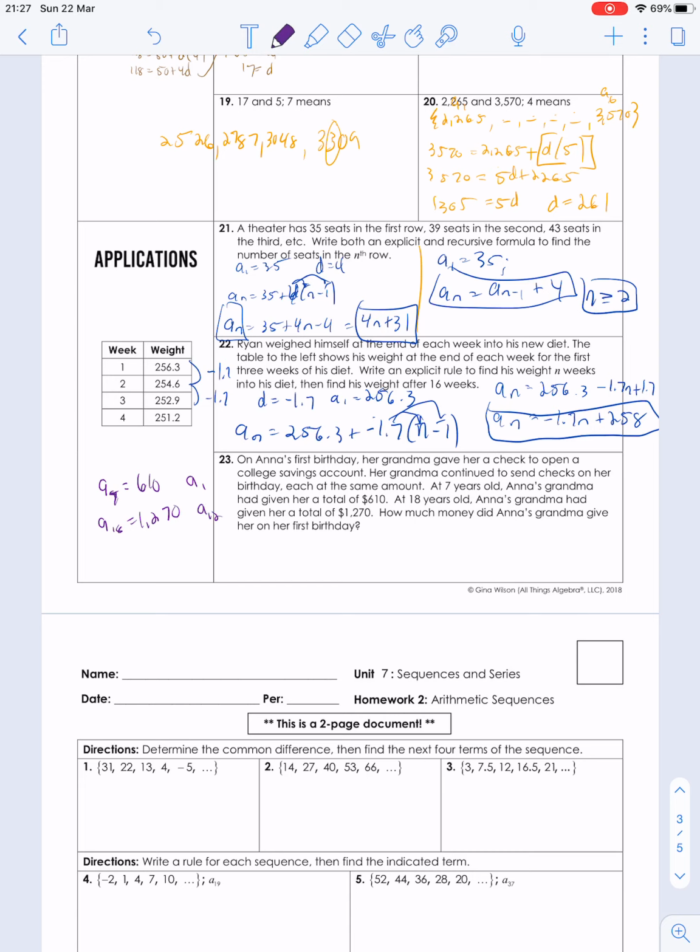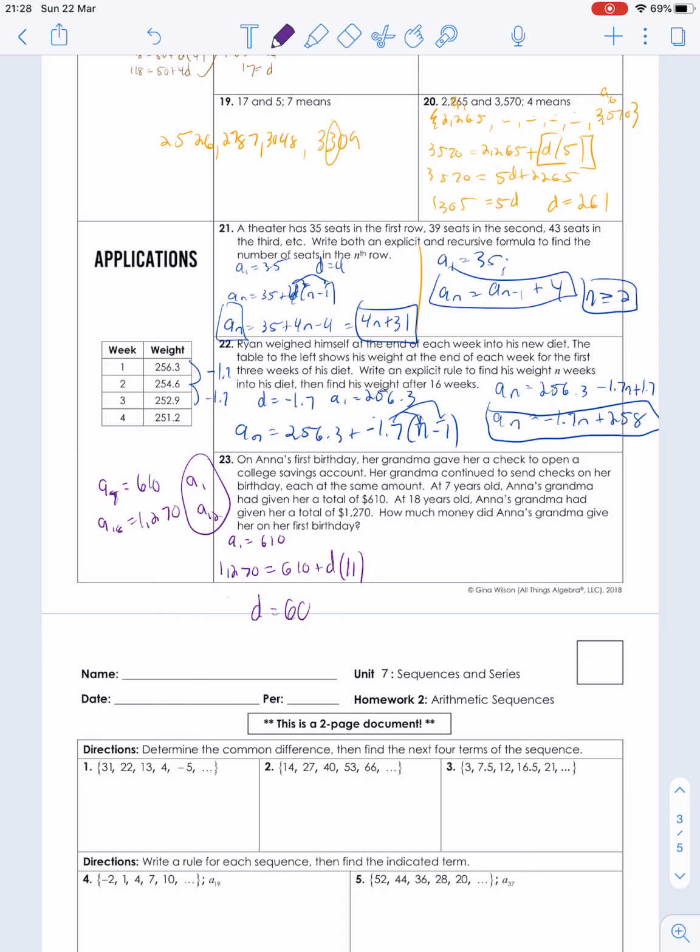So A1 equals 610, and then we have A18, so 1,270 equals A of 1 plus D times 12 minus 1, which is 11. So we get D to be 60. All right, so she gets $60 on every birthday.